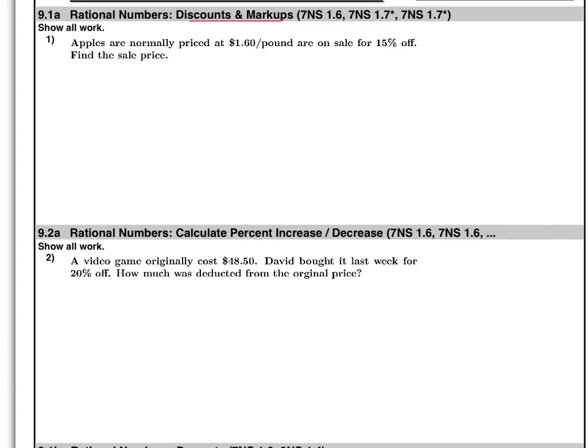So apples are normally priced at $1.60 per pound, and they are on sale for 15% off. Find the sale price. So that means they're being reduced 15%, which is a discount. So first we have to ask, what is 15% of the $1.60 per pound?